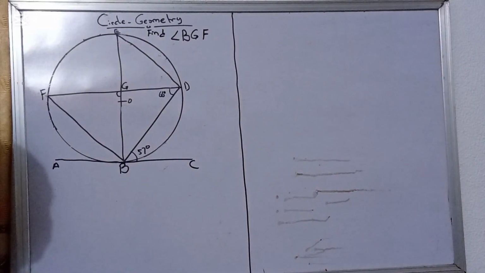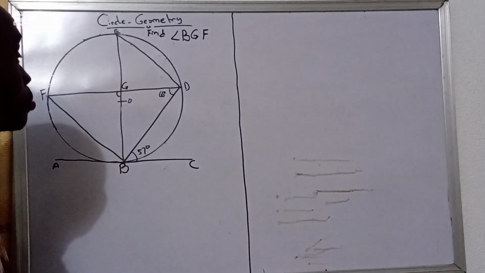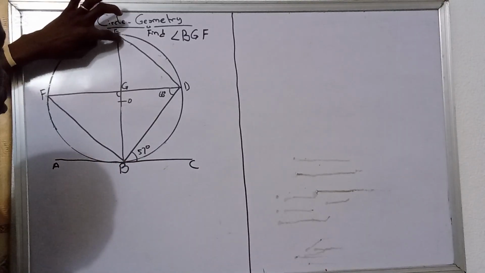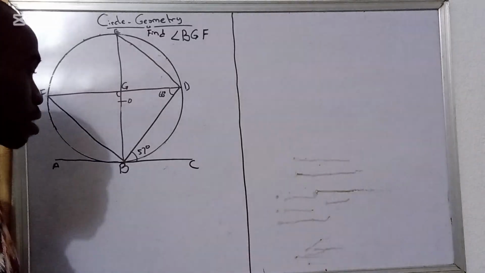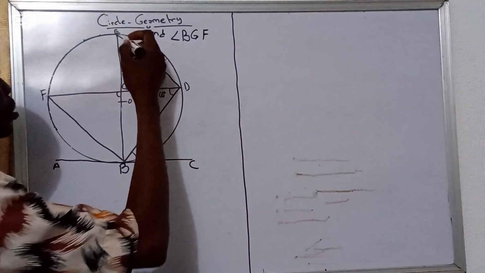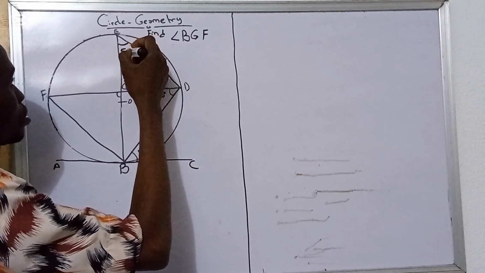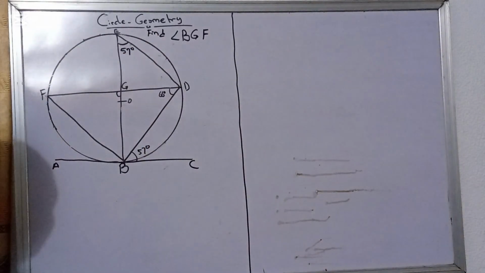In the previous videos which we worked on, we discovered that the angle facing this chord is going to be the same angle between a tangent and a chord. So in the last video we said angle E is what? 57 degrees.